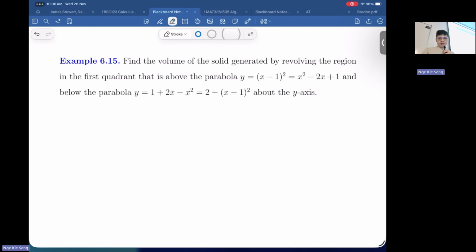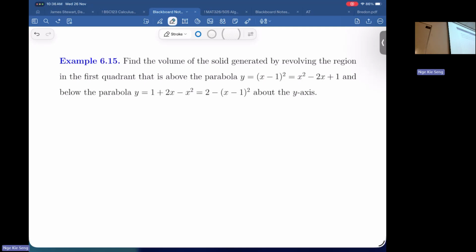Okay, so let's try. Before we even know what method to use, let's get this shape out first. The volume of a solid generated by revolving the region in the first quadrant, which is above the parabola y equals (x minus 1) squared and below the parabola y equals 1 plus 2x minus x squared.